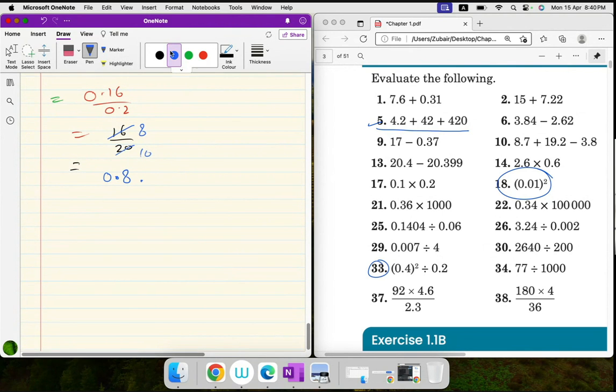Okay, try this. Then we'll move on to the next exercise. 92 times 4.6 by 2.3.